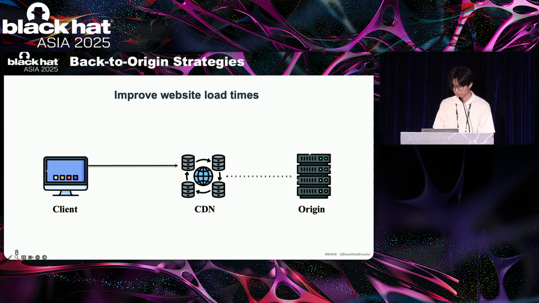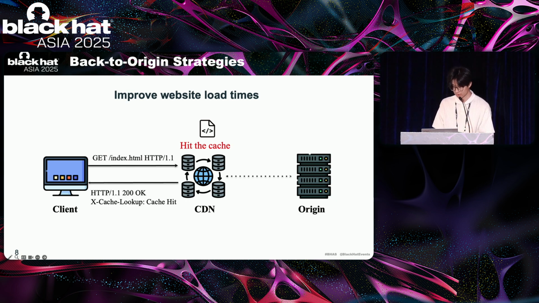The first category is that the CDN improves the cache hit rate to reduce the burden on the origin server and speed up responses. For example, if the client sends an HTTP request, and the CDN receives the request and finds it has hit the cache, then the CDN will respond directly.